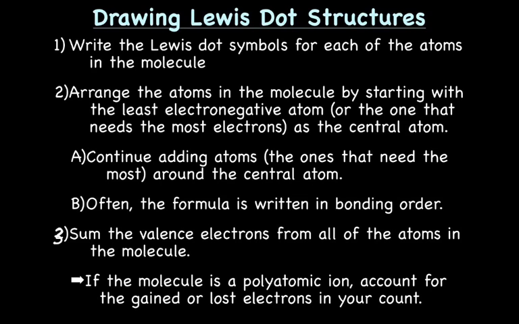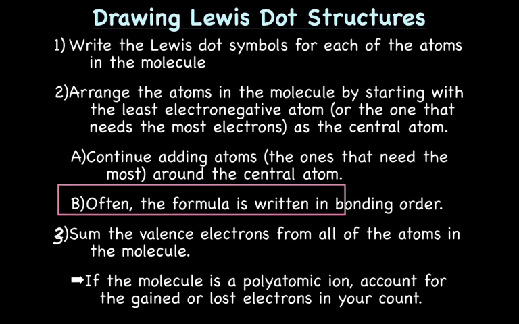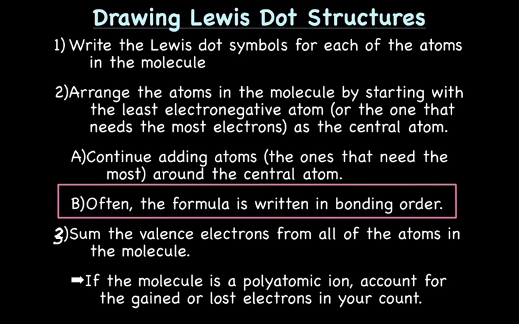How about CH3COOH, which is acetic acid. Now, for this one, let me go back to a point real quick. Point 2a says often the formula is written in the bonding order.